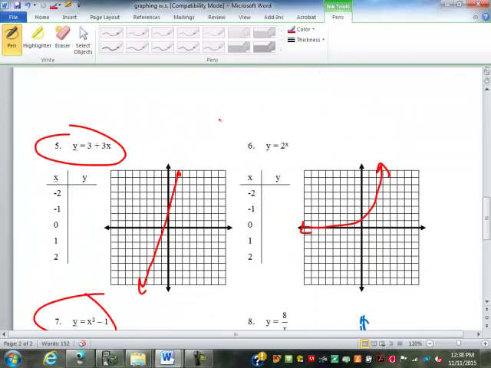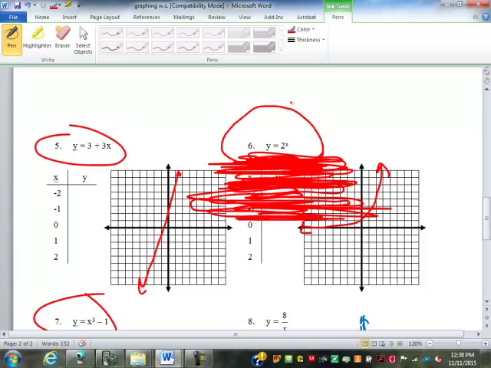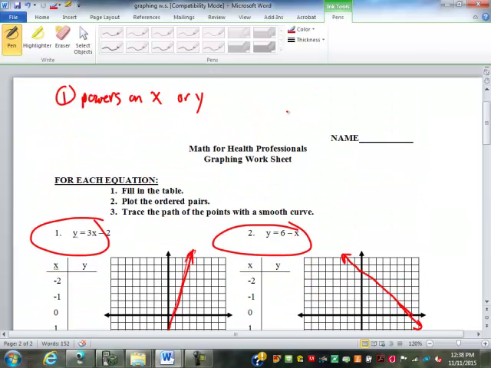What else is there? Now there's something else with powers right here. What's going on there with the powers? Come on, anybody? The x is the power. So we cannot have a variable that is a power.